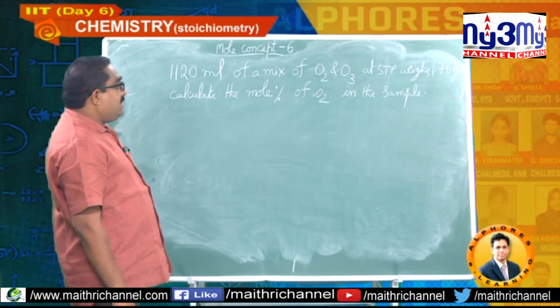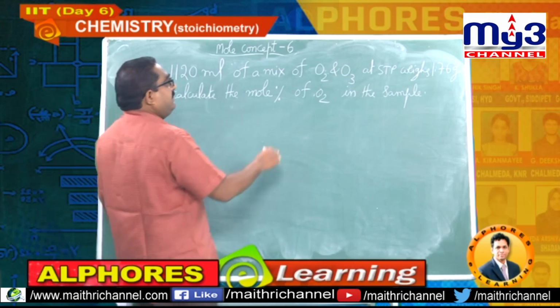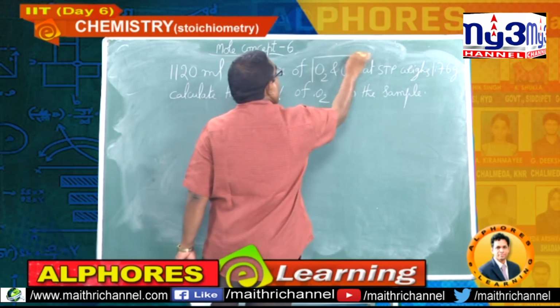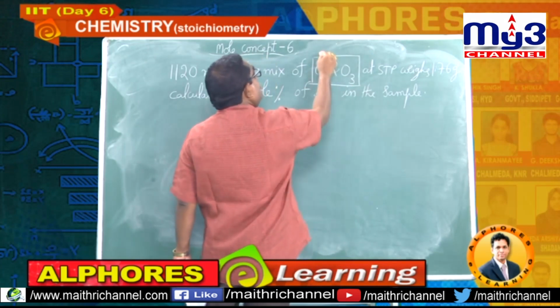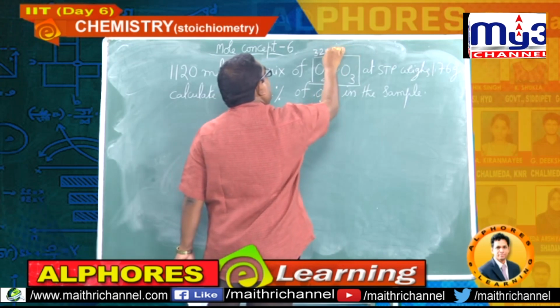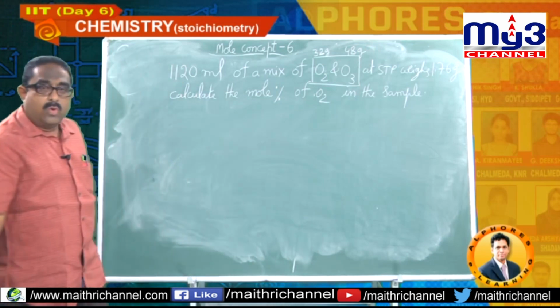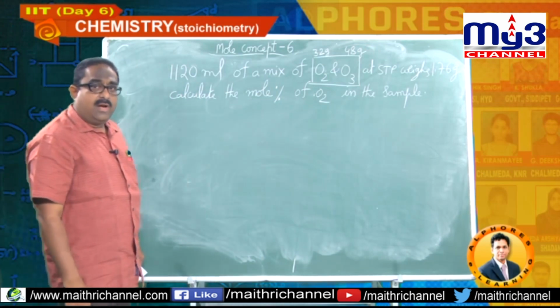See, he has given a mixture of two gases, oxygen and ozone, where the molar masses are 32 grams for oxygen and 48 grams for ozone.